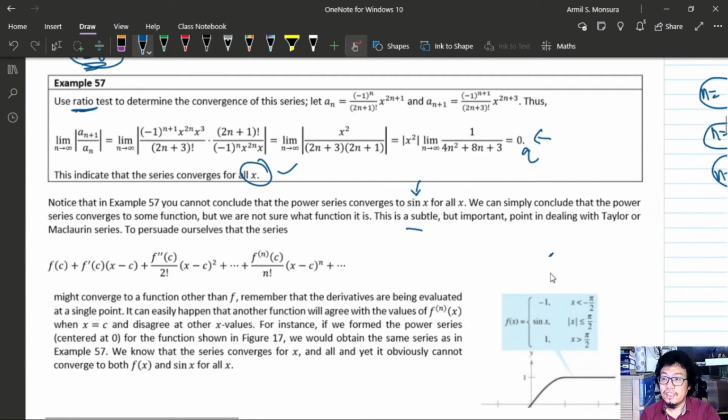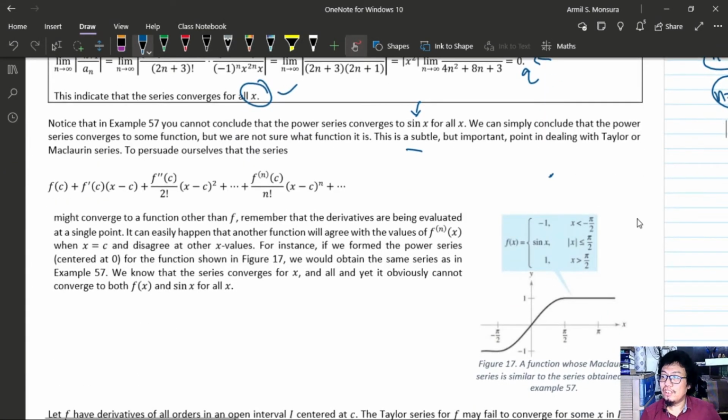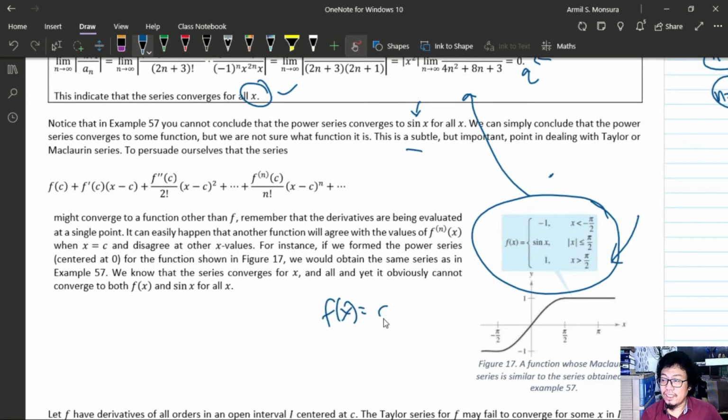For example, you can take a look at this series, whose Maclaurin series can be that of what we have obtained in example 57. But this is a different function than the f of x that we have used to derive that.